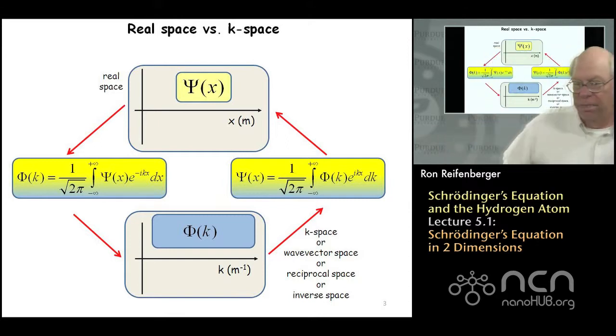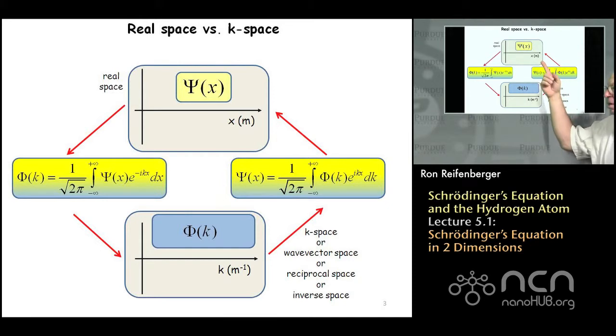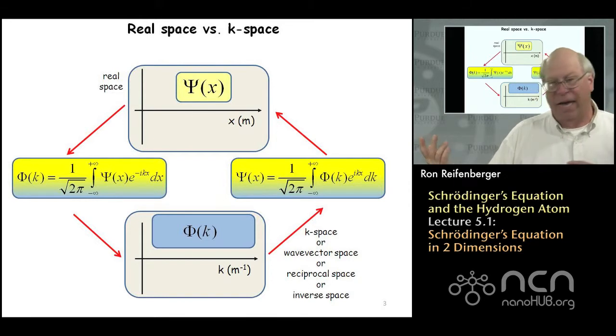The other thing that we spend a fair amount of time on is the mathematics behind the Fourier transform integral. This Fourier transform integral allows you to take a wave function in real space and write a wave function in k-space or vice versa. I think the time we spent is justified because the mathematics behind this Fourier integral is so ubiquitous.